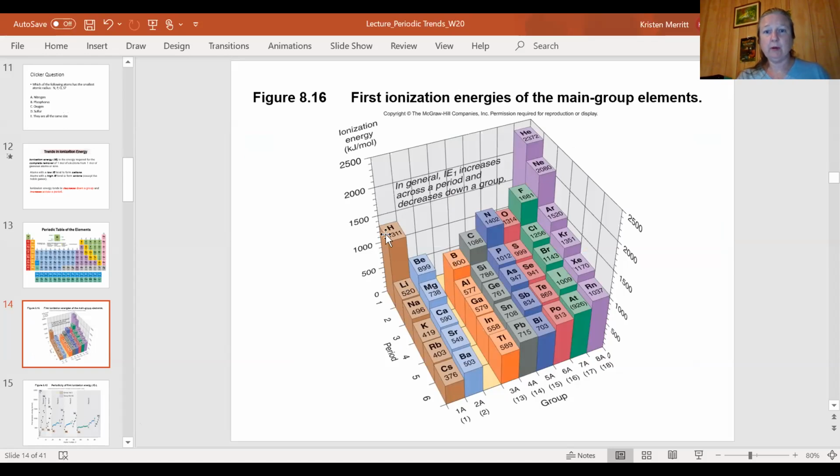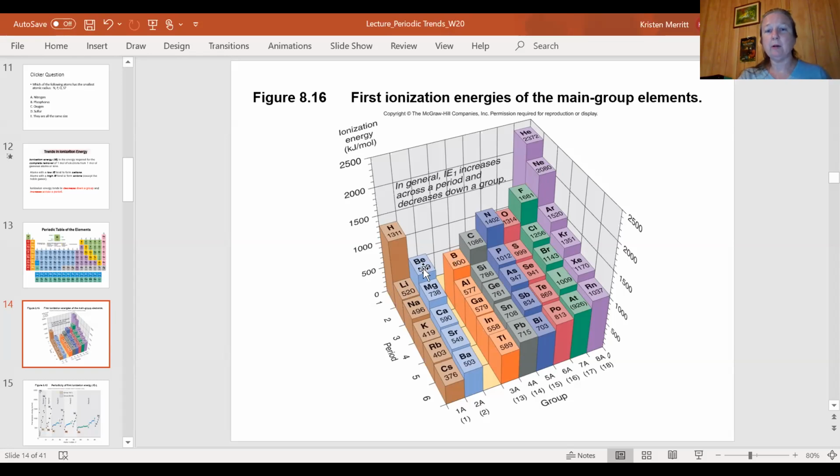Notice, so hydrogen, no, we'll just skip hydrogen. Lithium, 520 kilojoules per mole to remove an electron because it removes 1 and it's at noble gas status. So that's considered a low ionization energy.